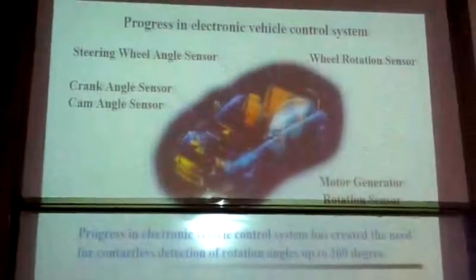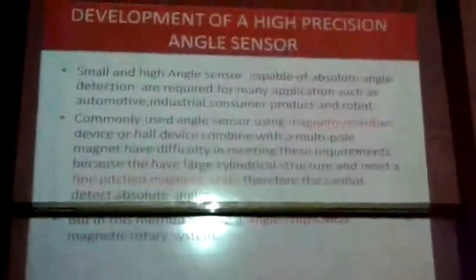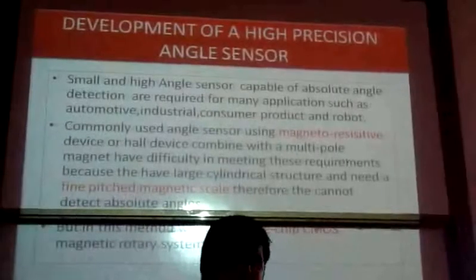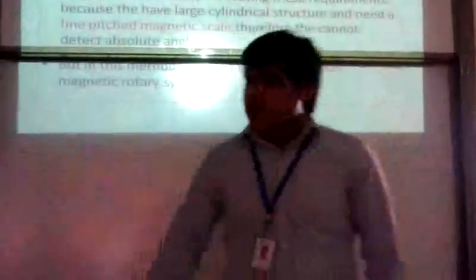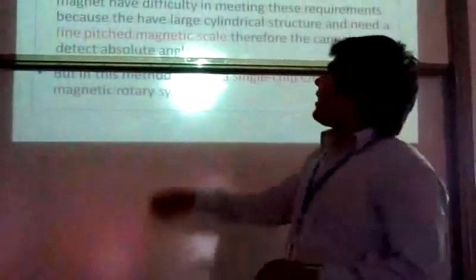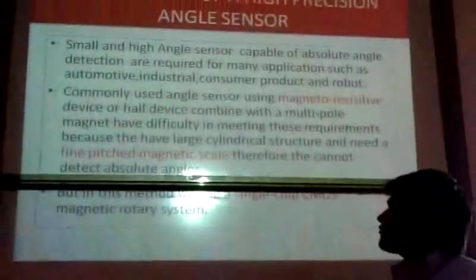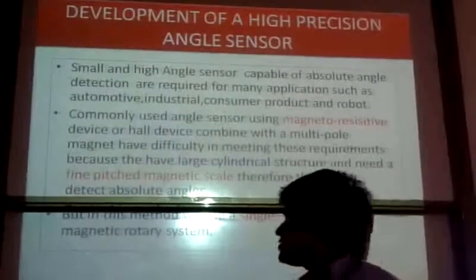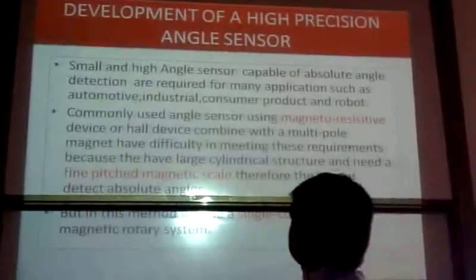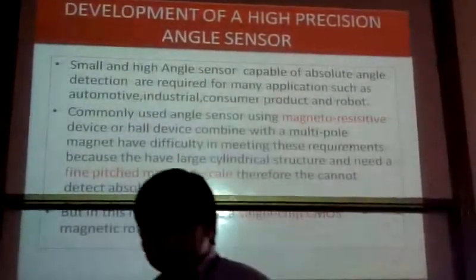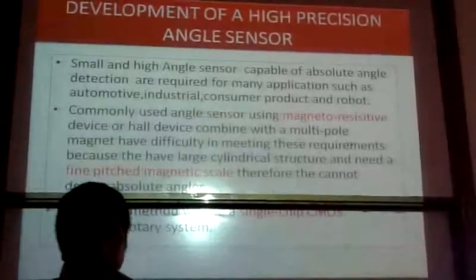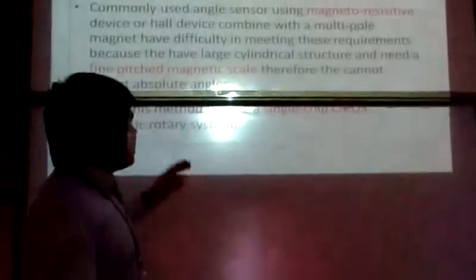So now we start the first design development of a high precision angle sensor using CMOS chip. It is a very small and high precision angle sensor capable of absolute angle detection, required for many applications such as automation, modern industrial and consumer products. Commonly we use magnetoresistive sensors.